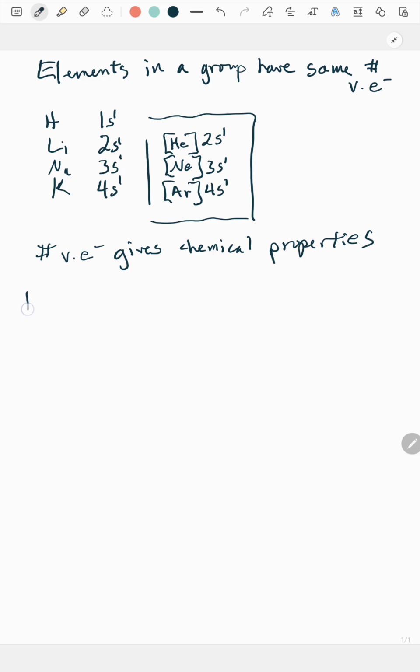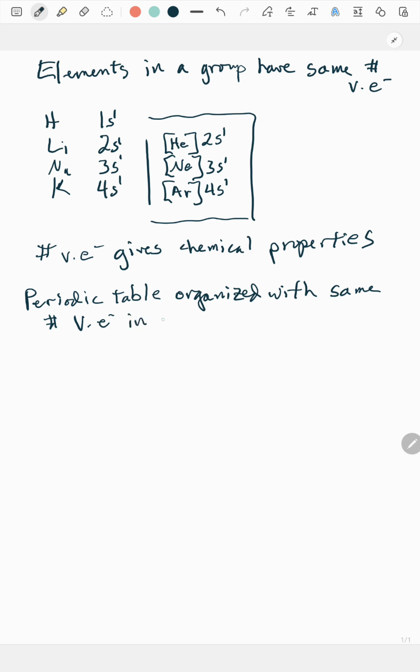So another way to say this is the periodic table is organized with the same number of valence electrons in a column or group, which is why they're organized with similar chemical properties in a column or group.